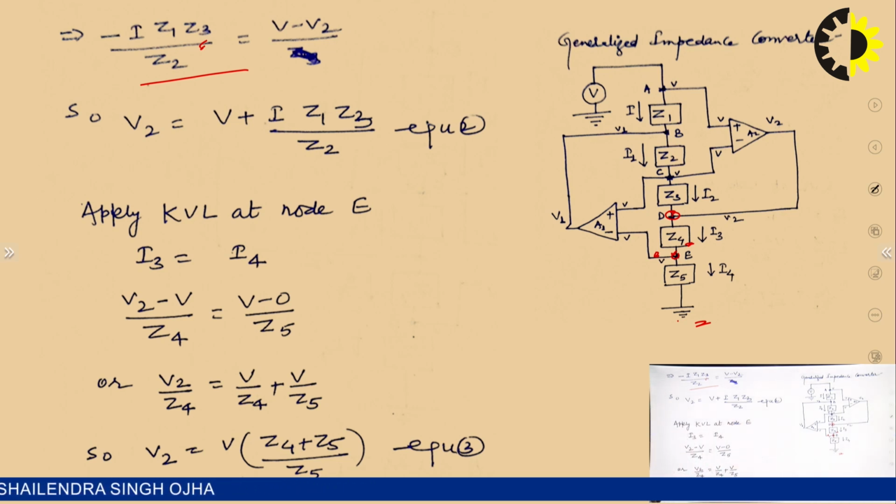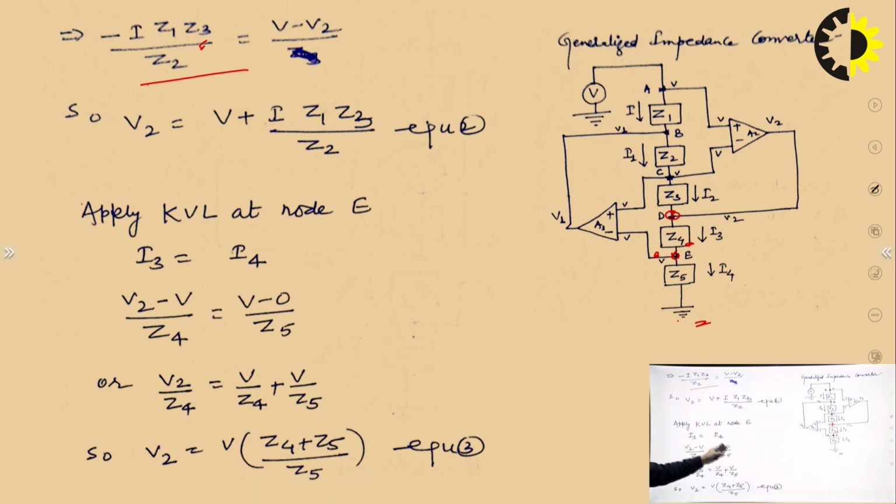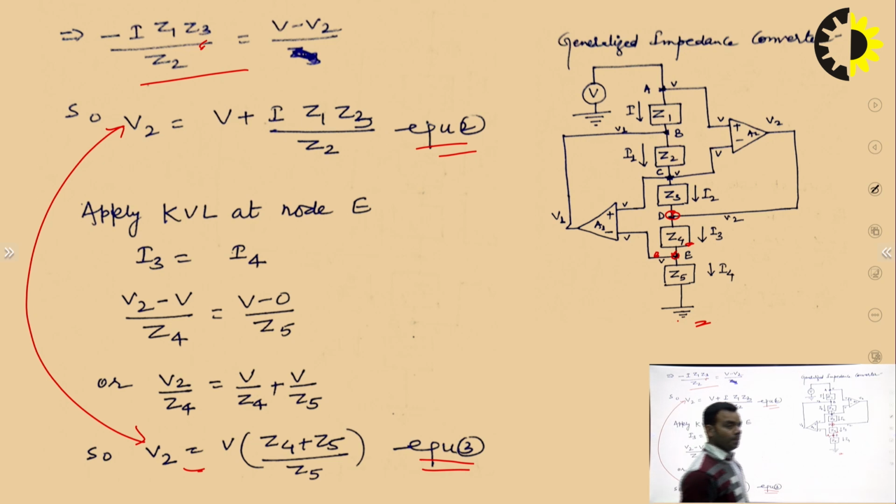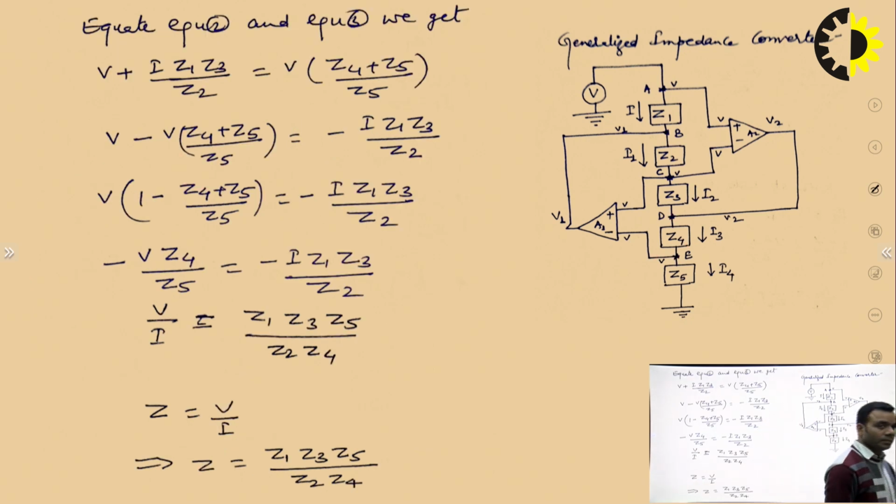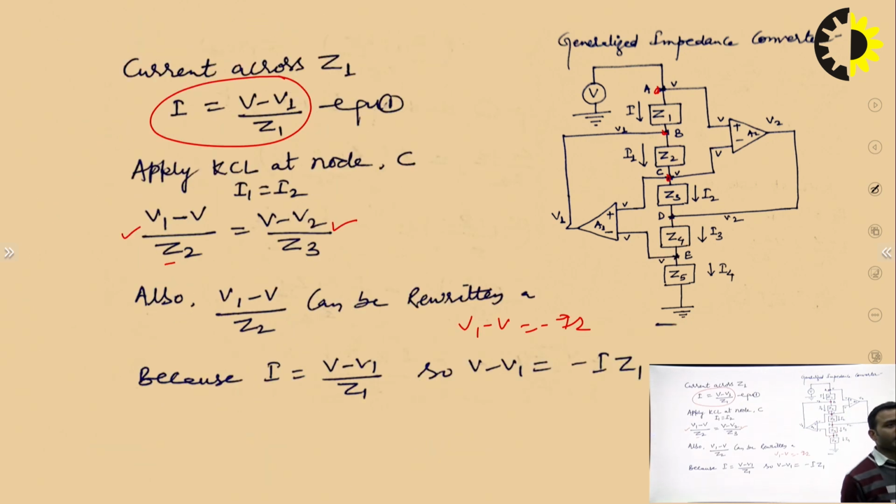So, you can simply say that V2 upon Z4 is equal to V upon Z4 plus V upon Z5. So, again you can write V2 is equal to V into Z4 plus Z5 upon Z5. This is equation number 3 and this is equation number 2, and both equations are in terms of V2.